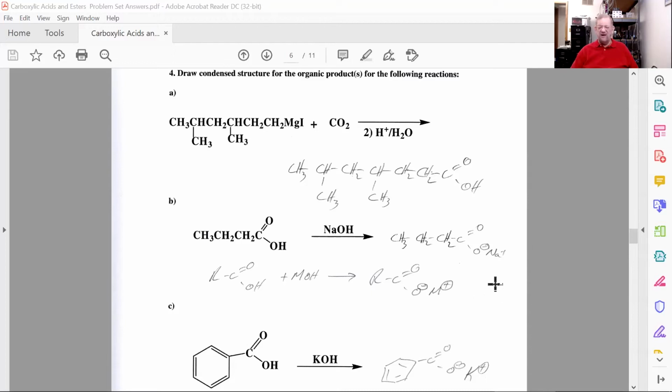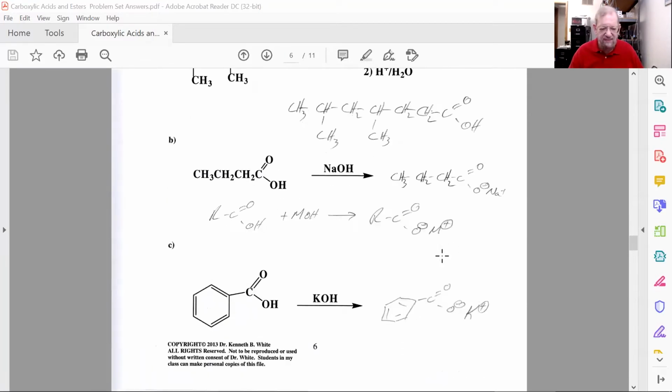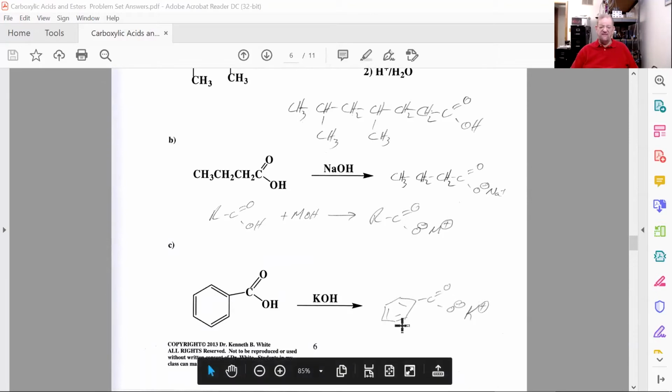You also make water, but that's not an organic product. Now, KOH will not react with a benzene ring, but it will react immediately with the H on the OH of a carboxylic acid to form this carboxylate anion.